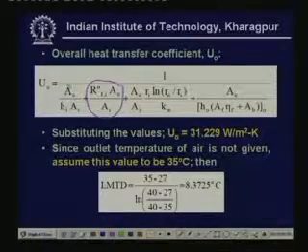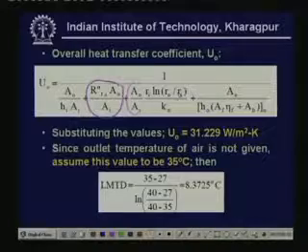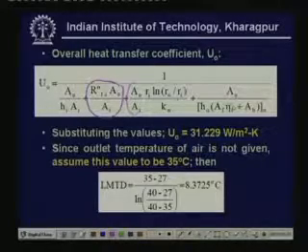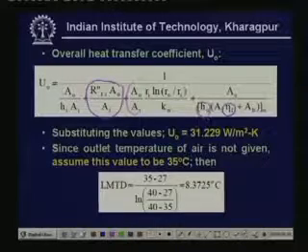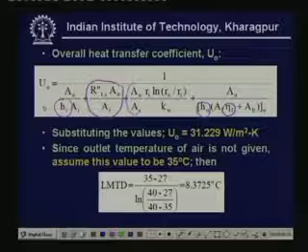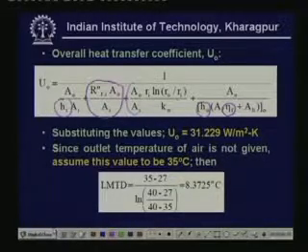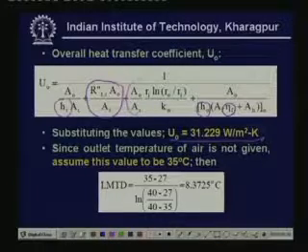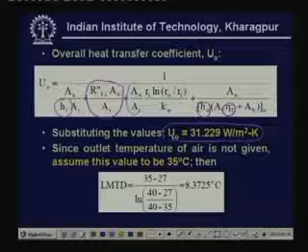You know the various area ratios, Ri and R naught are the inner and outer radii of the tubes, and eta F is the fin efficiency, which is known to us. h naught is the external heat transfer coefficient, hi is the internal heat transfer coefficient. We have already computed all these things, so if you substitute those values, you find that the overall heat transfer coefficient is 31.229 watt per meter square Kelvin.